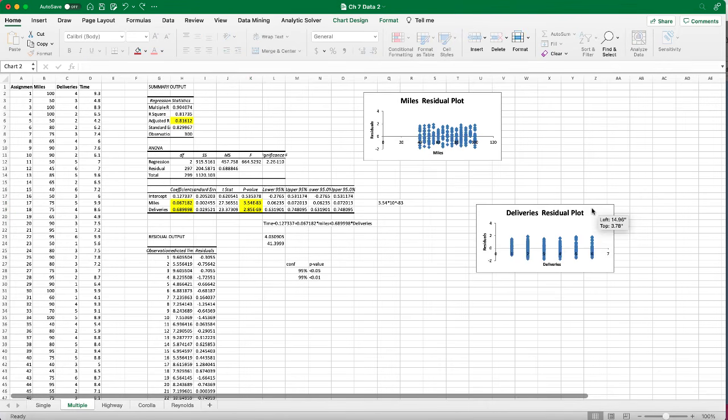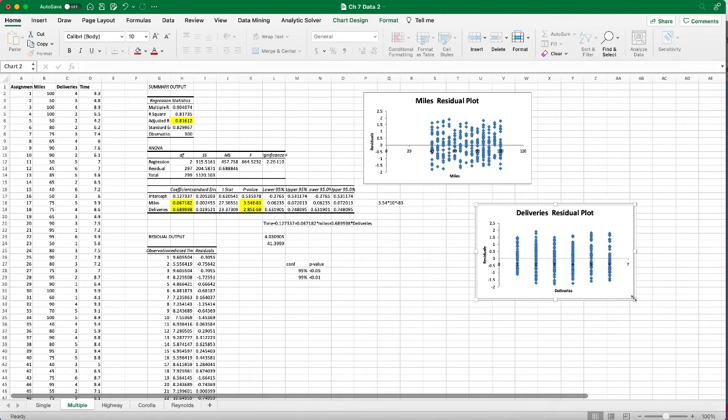We can also see that the miles residual plot and the deliveries residual plot are randomly distributed along the mean of 0. This shows that the multiple linear regression model has good variance, so it's good for predicting the time of delivery. Because residual equals actual y minus predicted y, if we have a positive residual, that means actual is greater than the predicted value of y, so the model underestimated.